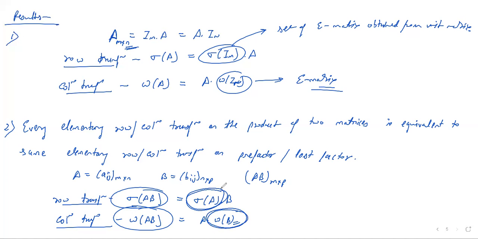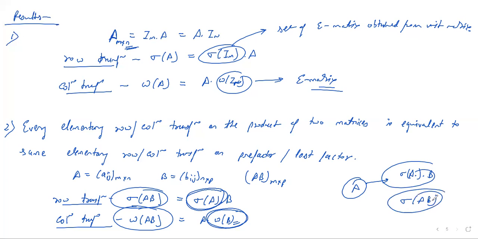That means if we apply the same transformation onto the matrix A, and after that multiply A into B, we get the transformation applied on the matrix multiplication AB.